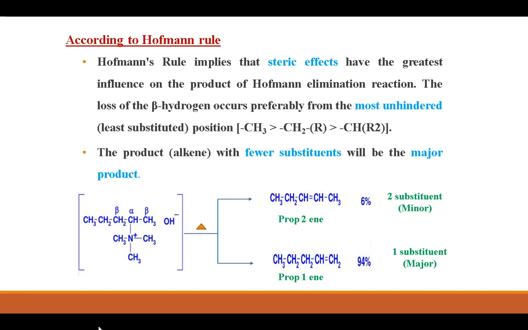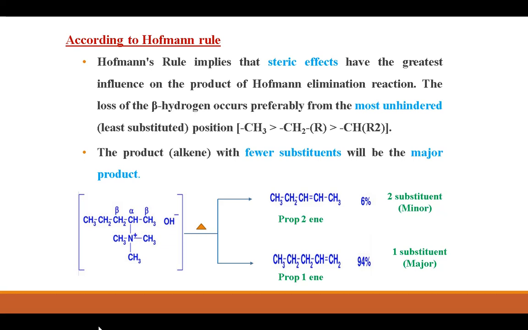Hofmann orientation is caused because the acidity of beta hydrogen is decreased by the presence of an electron-donating alkyl group. In this reaction, the tertiary amine undergoes elimination reaction to give two products. One is prop-2-ene with 6% yield and another is prop-1-ene with 94% yield.